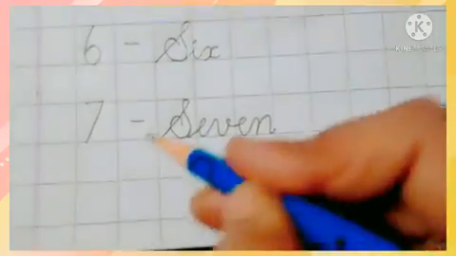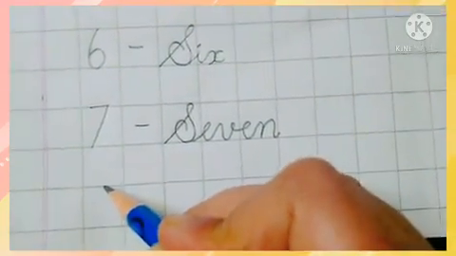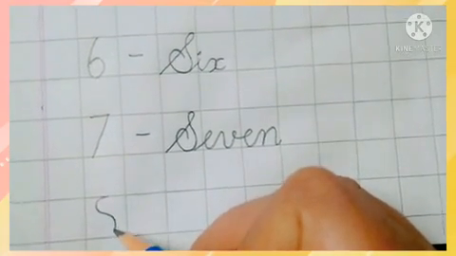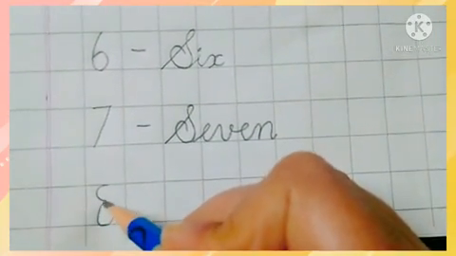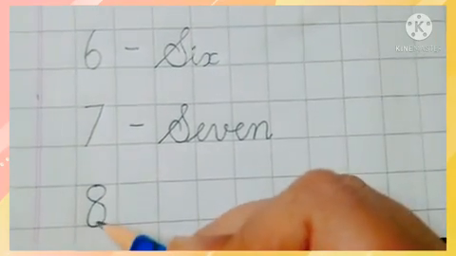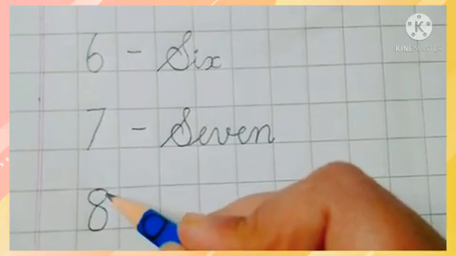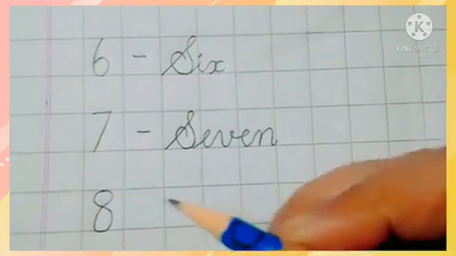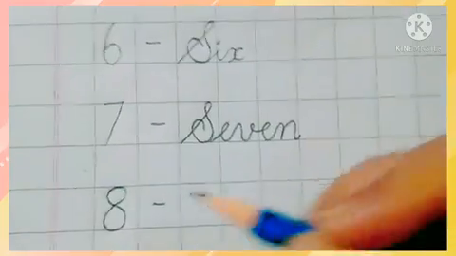After 7 you will write, children, 8. What you will write? 8. Make like S, and then you have to join with a curving line here on the top of this line, dash.